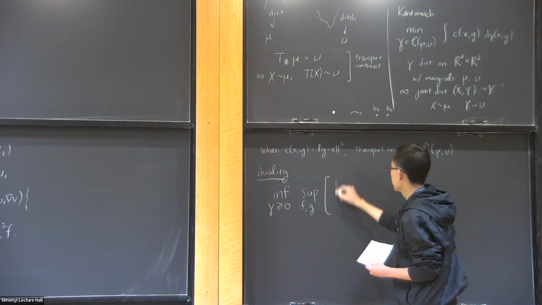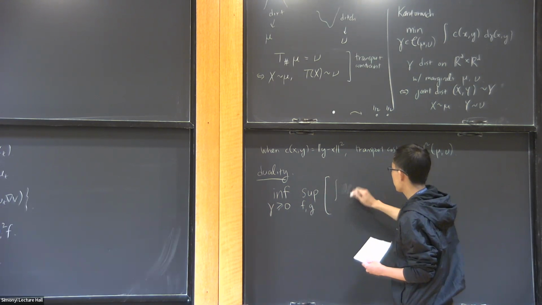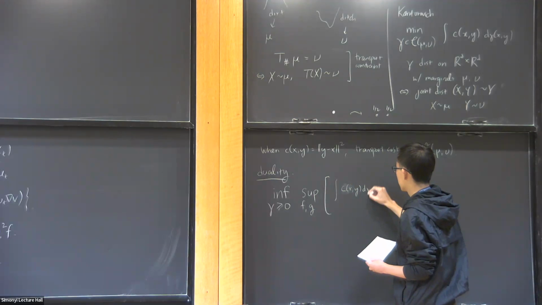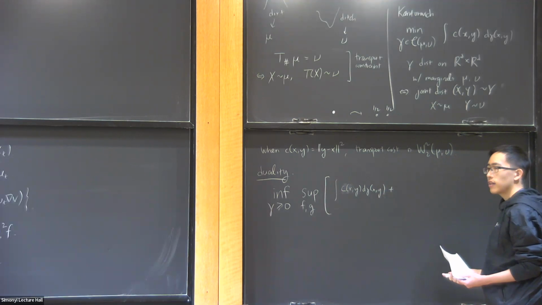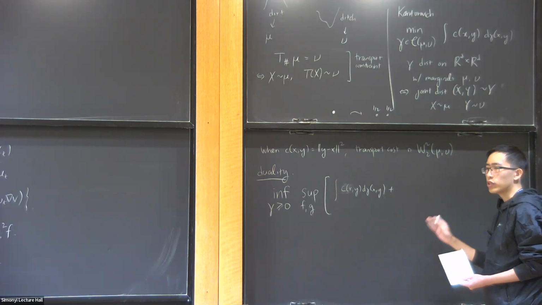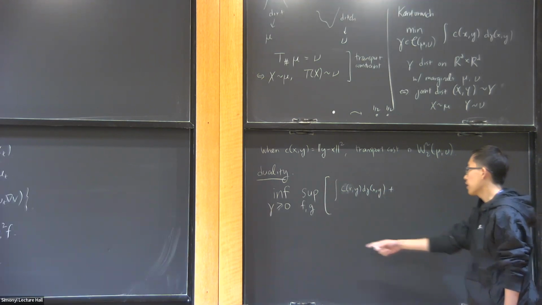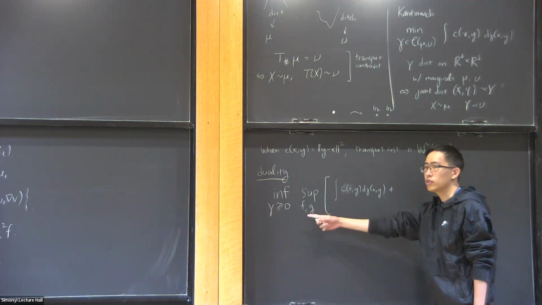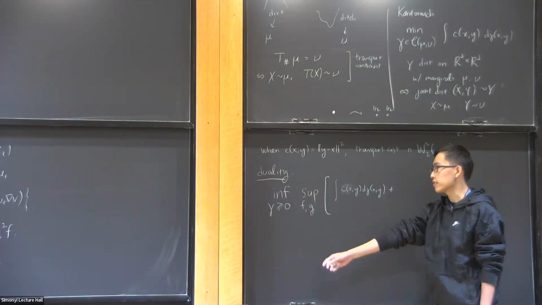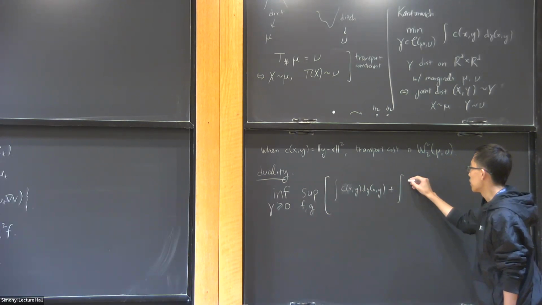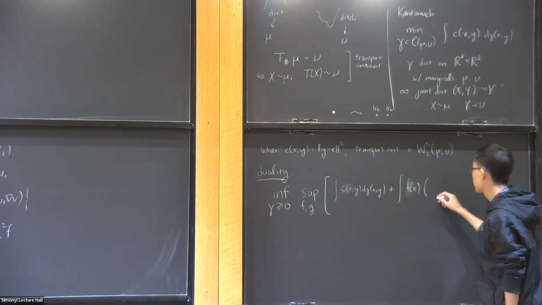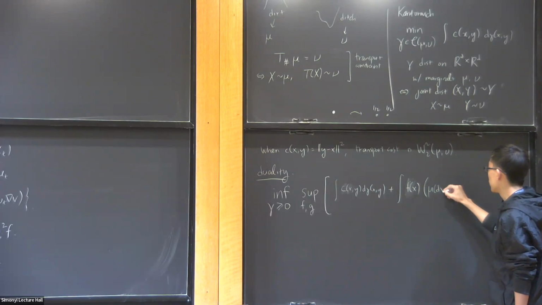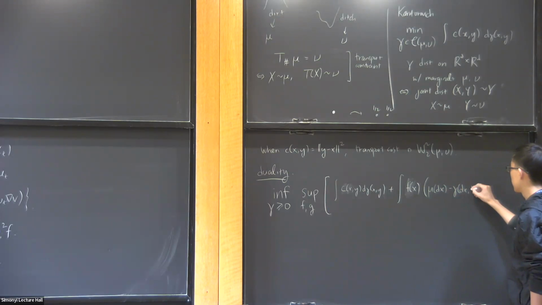I'll show you in a second, but first we have the cost, which is C of x, y. Now how do we encode the constraint that gamma should have marginals mu and nu? Well, if I look only at functions f which depend only on the x variable, then I want their averages under mu to be the same thing as the averages under gamma. So I look at f of x, and then I want this constraint.